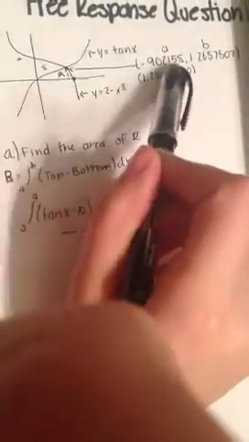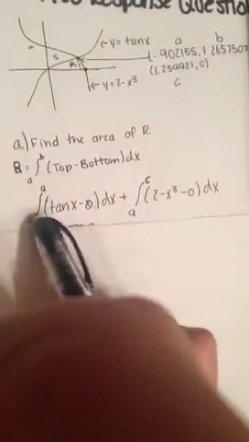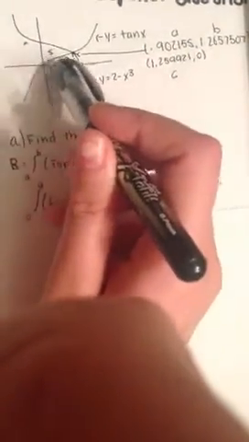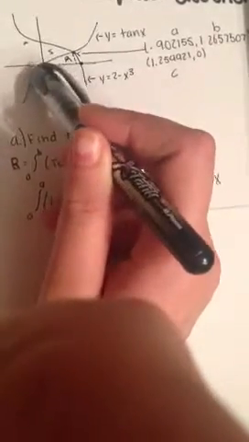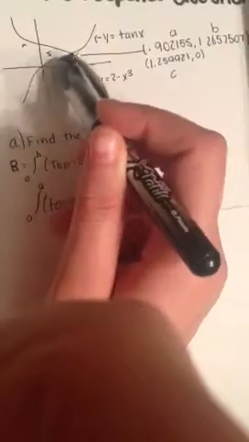So when I do plug it in, as you can see, they're really long numbers, so I just use A and C to resemble these two. So it's going to go from 0 to A, which is from here to here. And my top for this one is y equals tangent x, and my bottom is x equals 0.